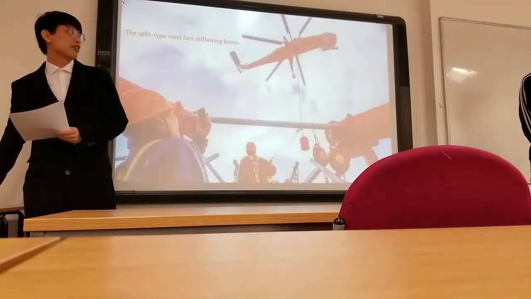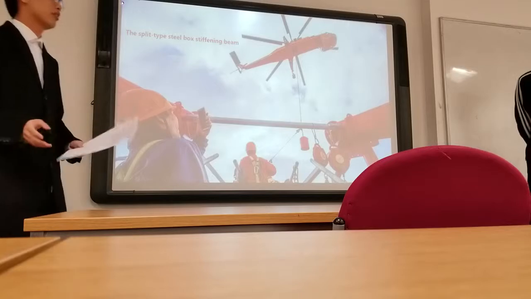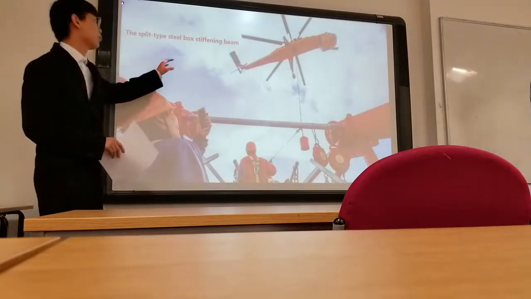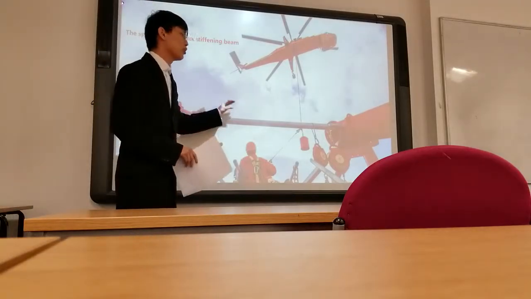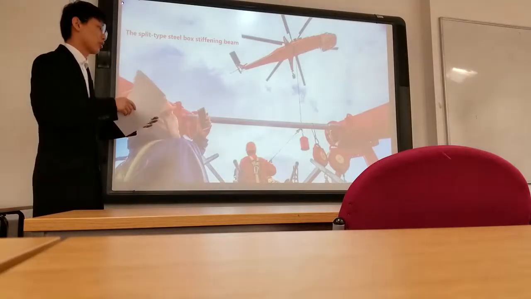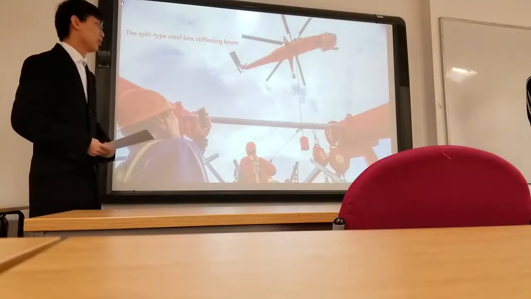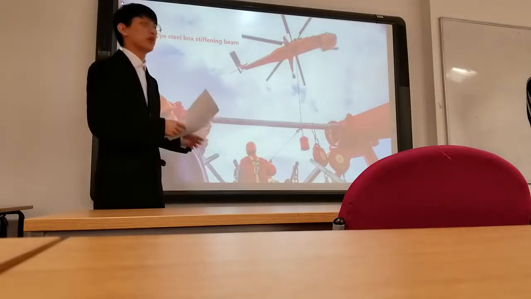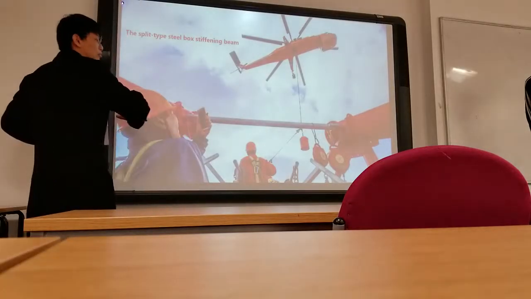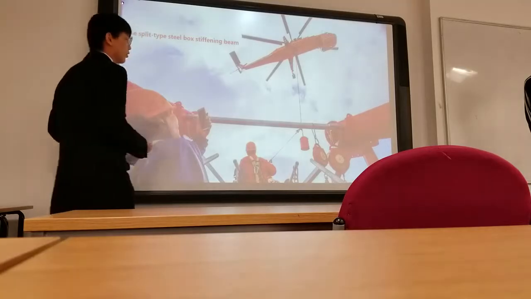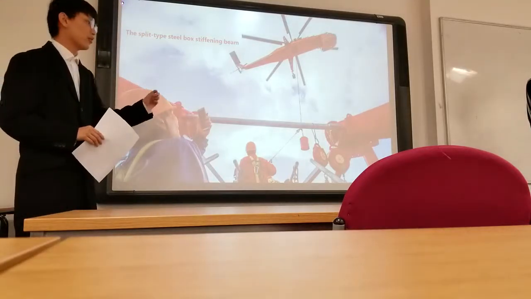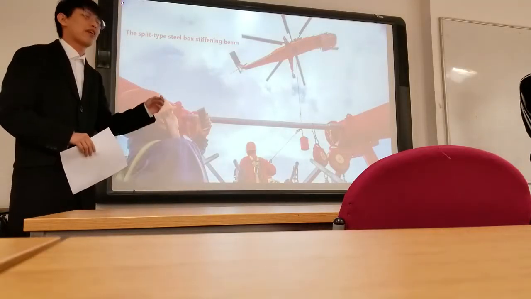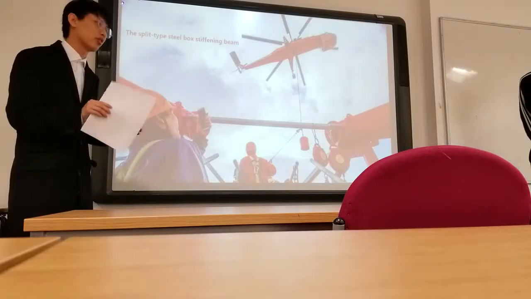So how to do that? It uses a technology called the split-type steel box stiffening beam to build this bridge. It's not a whole bridge; all the materials are split, so each material has a different frequency.